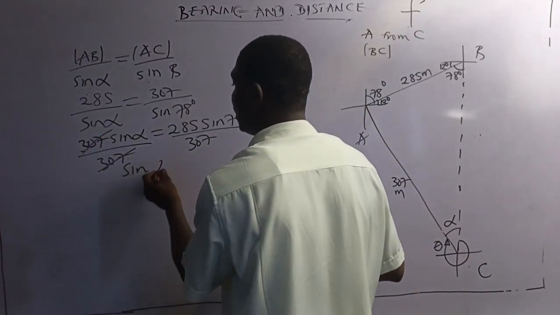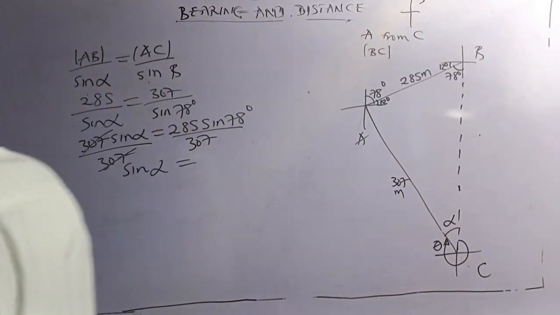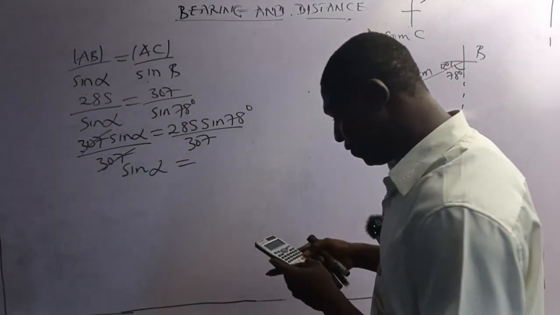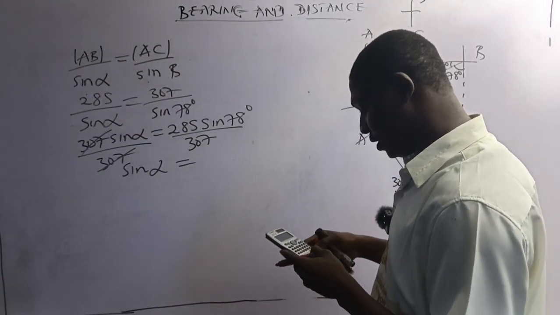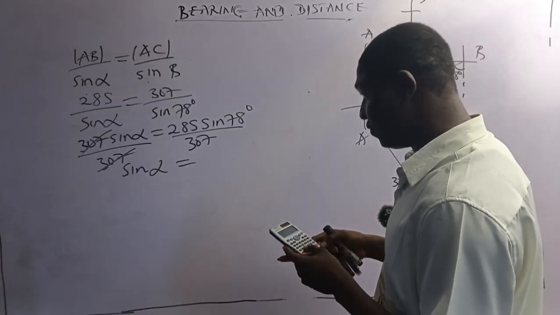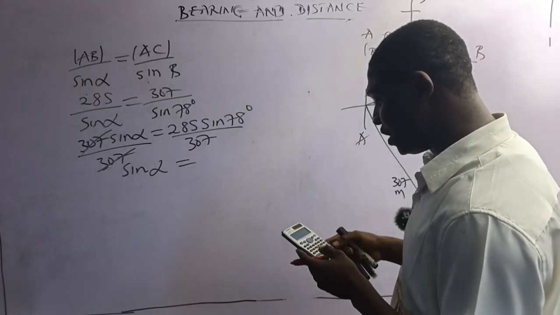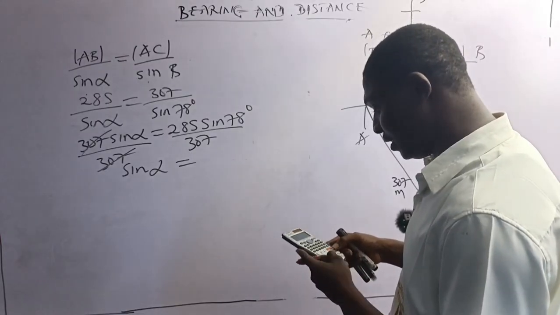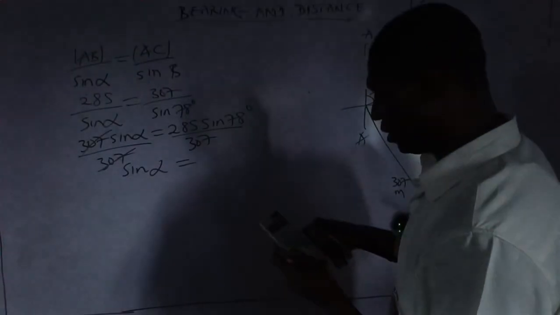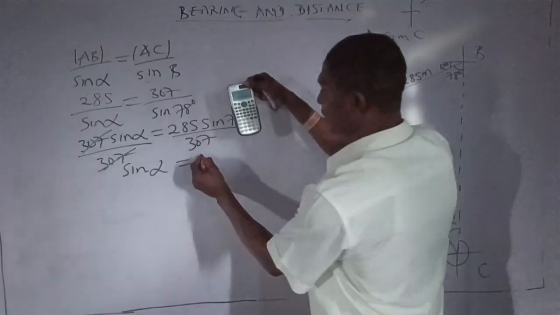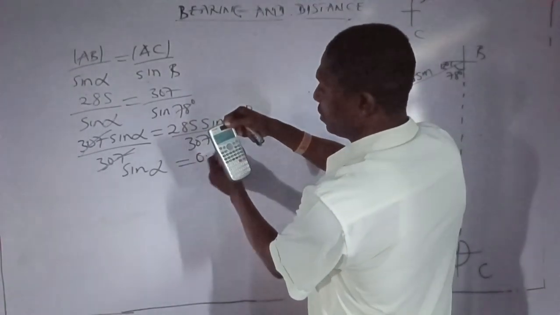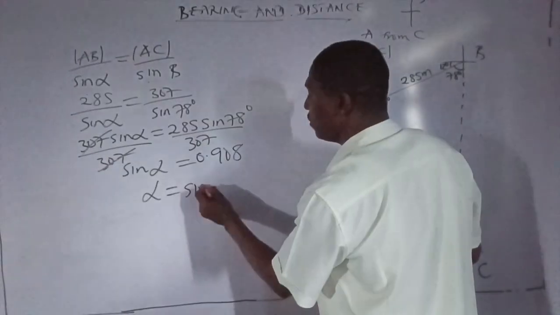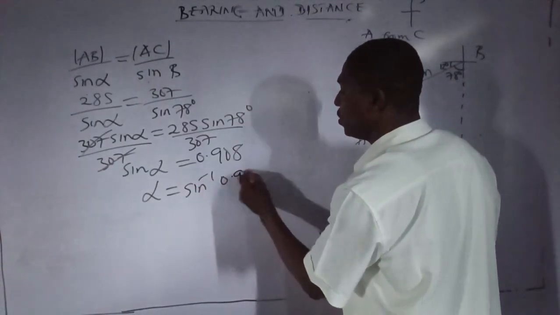And I'll have sine alpha equals 285 sine 78, which gives me 278.77. So I'll divide by 307 and I'll have 0.908, and alpha will be equal to sine inverse of 0.908.